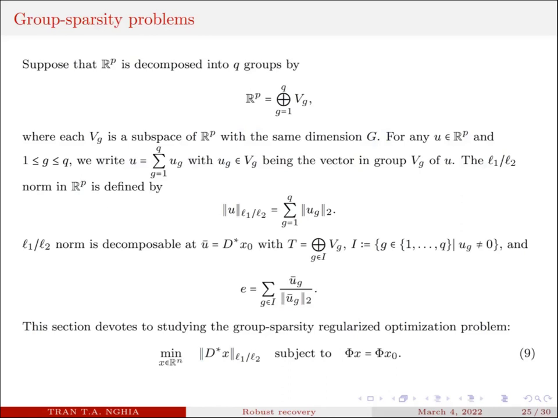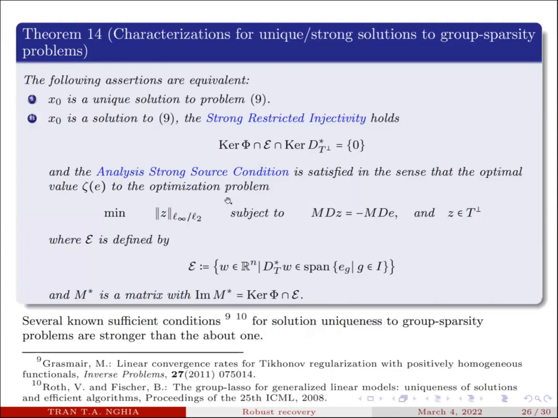All right, so I think I have maybe 5 more minutes. In this session, we talk about group sparsity. We consider group sparsity with the L1-L2 norm with the linear constraint, and we can establish a very similar result, but it is much more complicated. Here we establish the characterization for unique solutions of group sparsity problems, which again means the strong solution.